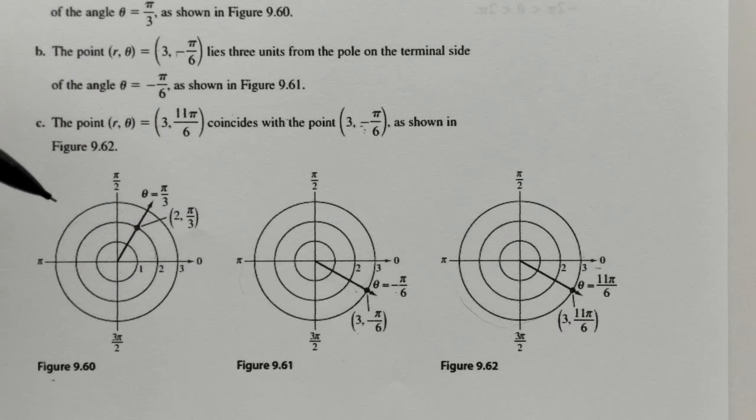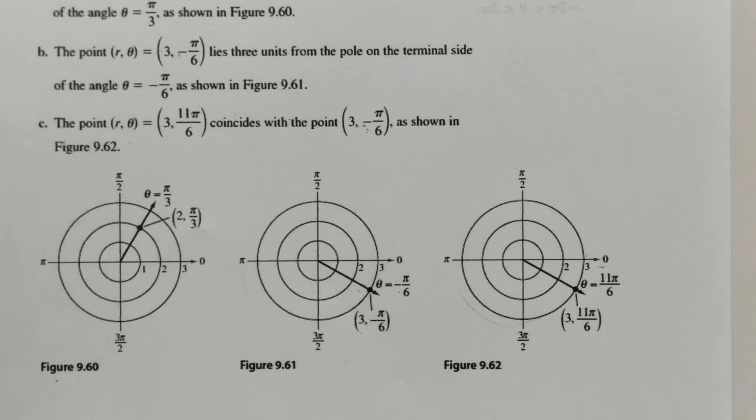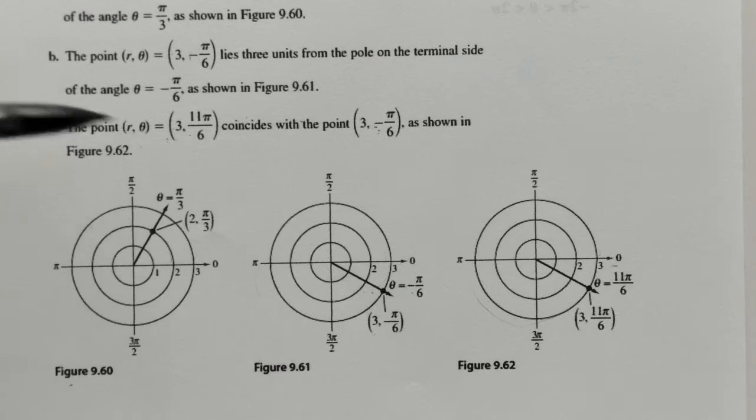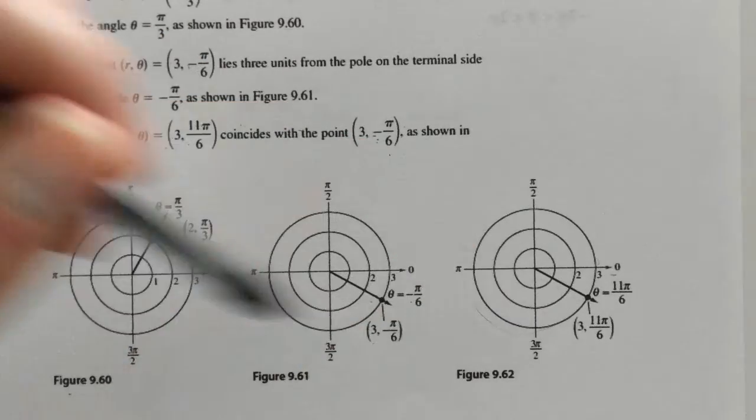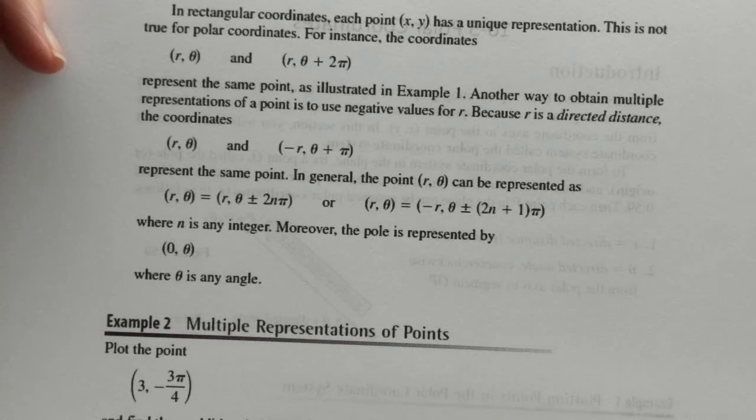Unlike in rectangular coordinates, where each coordinate is a unique point, in polar coordinates you could have two different coordinates that represent the same point. That is possible, and that's what the discussion gets into here.